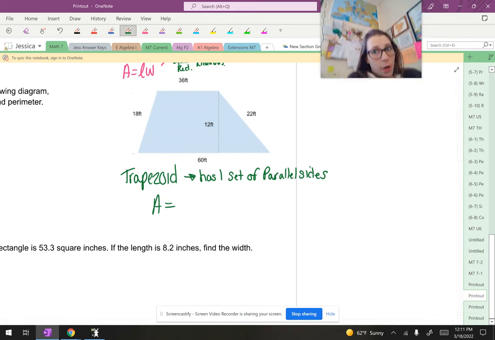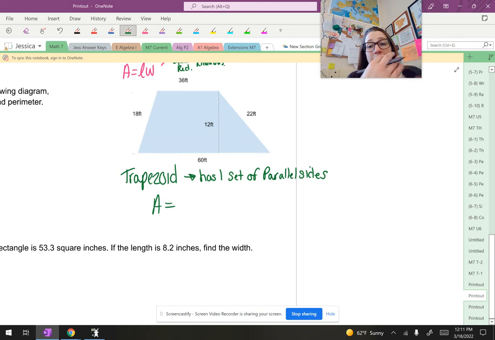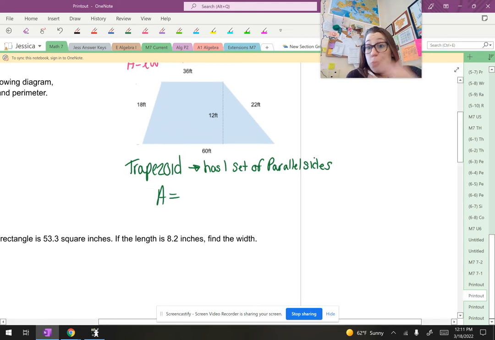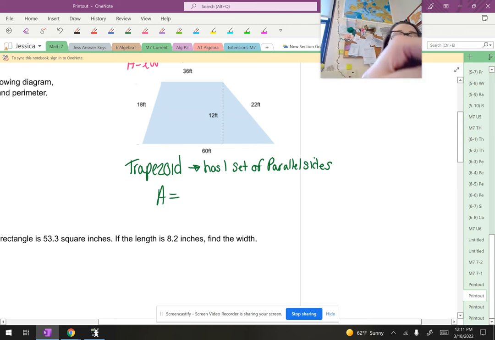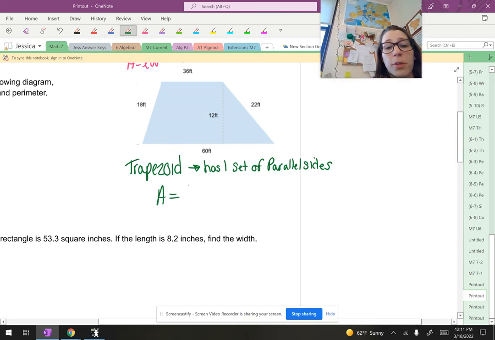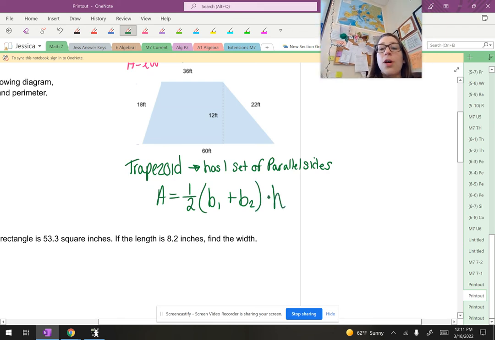Average meaning that you are adding them together and dividing by the number of them. I have two bases, so I'm going to be dividing by 2. So your area of a trapezoid formula is 1/2 parentheses base 1 plus base 2 times your height.